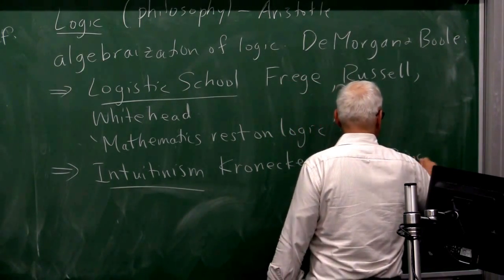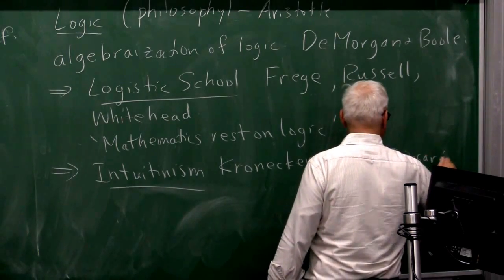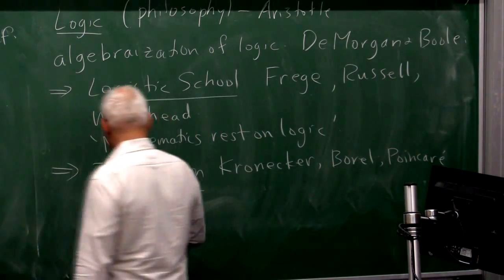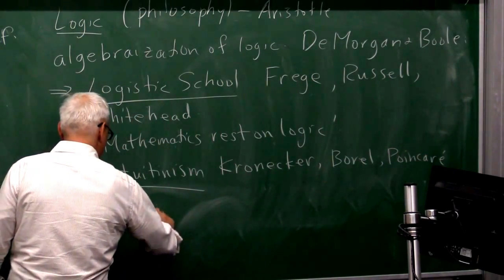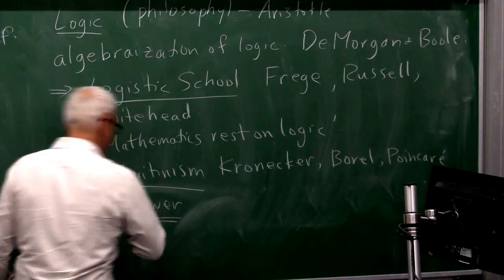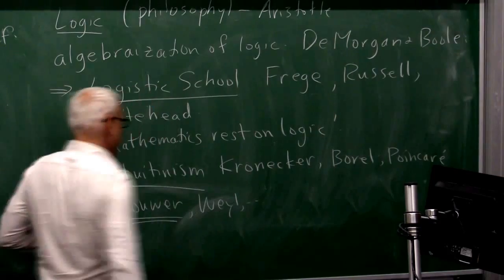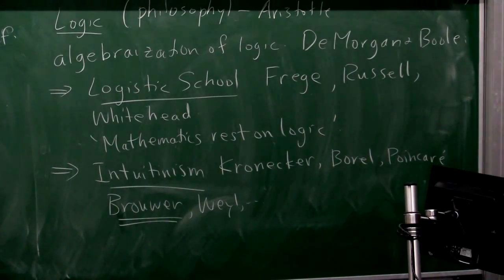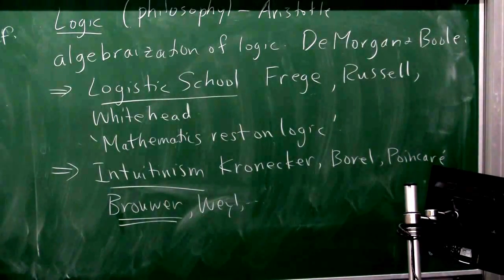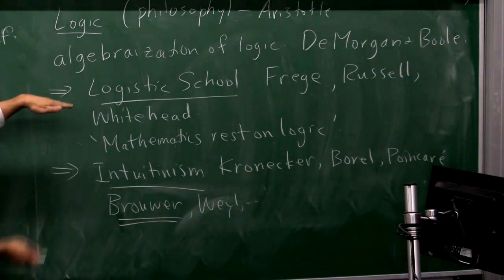Poincaré was sympathetic to this. Brouwer was, I think, probably the main figure. Weyl was also an important figure. So Intuitionism kind of rejects this logistic framework.